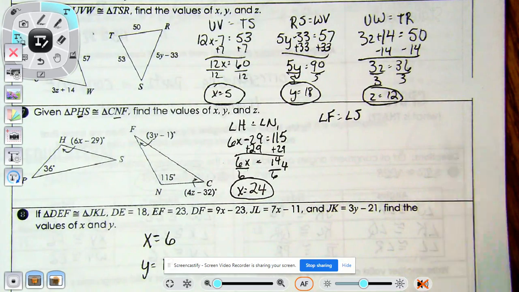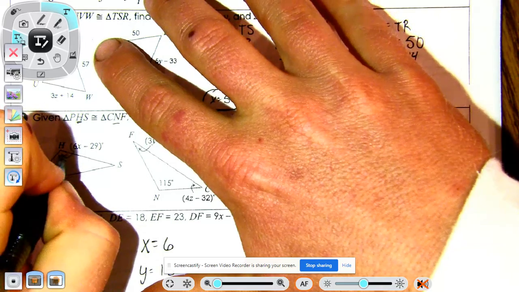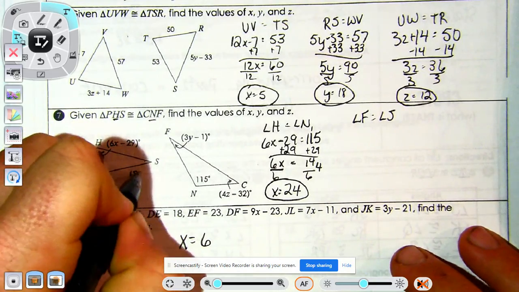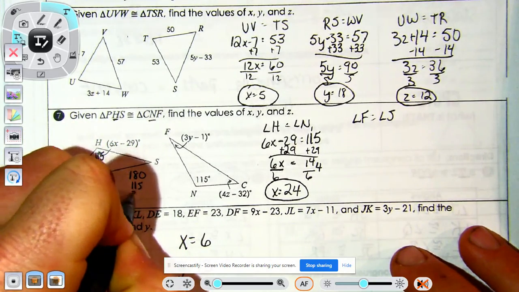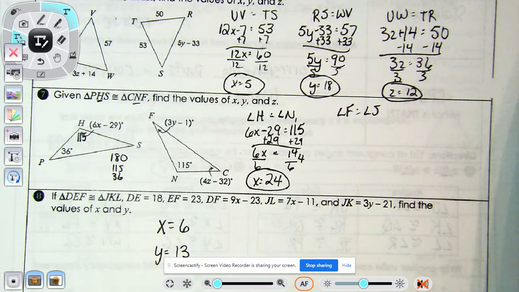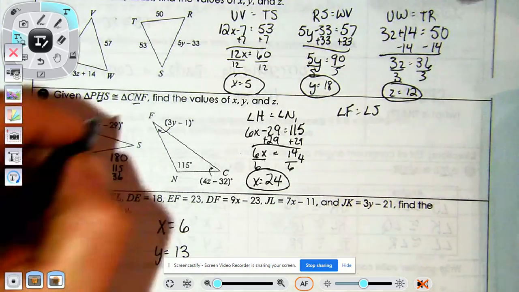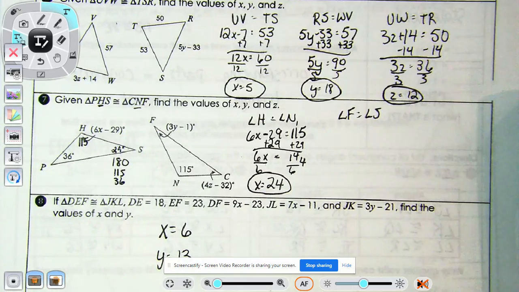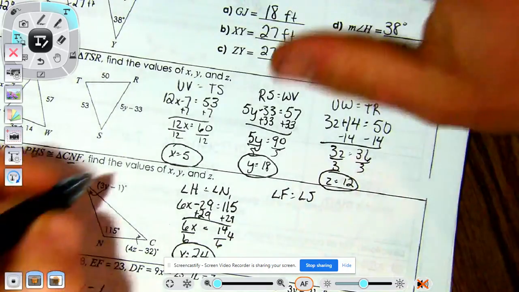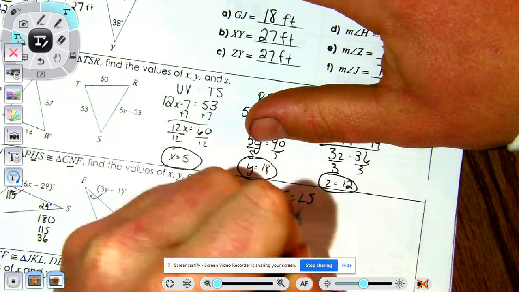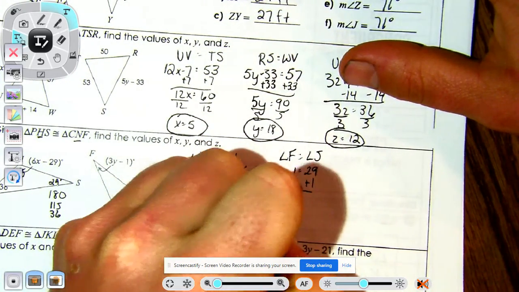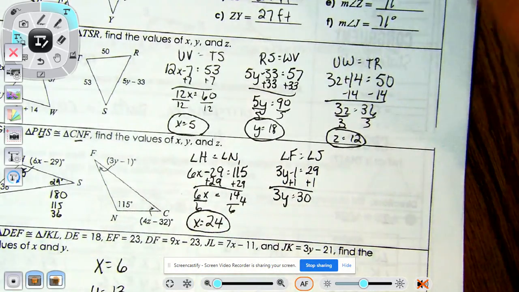So if that is 115, how can I solve for angle S? Hopefully, remember we do the triangle sum. 180 minus 115 minus 36 is going to tell you that angle S over here is equal to 29 degrees. So now can I set up an equation? Yes, F over here, 3y minus 1 is equal to 29 degrees. Add 1, 3y equals 30. Divide by 3, y is equal to 10.